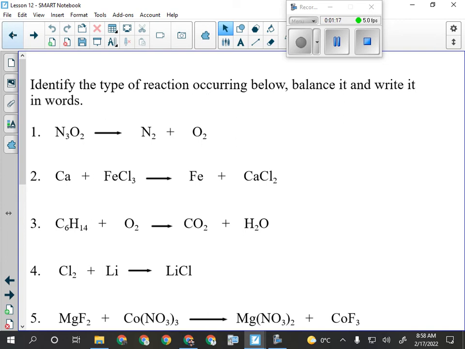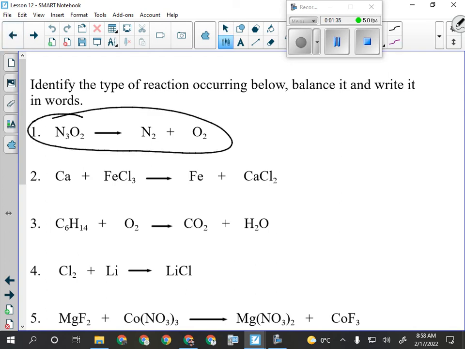Just things to remember. When I'm looking at my reaction, I have to know the patterns. That is one of the big things that you need to practice and memorize today: the 5 reaction patterns. If I am looking at a decomposition reaction, it would be something like number 1, where I have only one reactant and it's breaking down into its 2 elements.